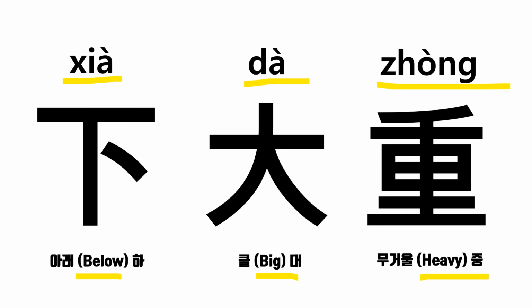Below the character here, you will learn all of these characters later. But these characters have the tone number value 4: 下, 大, 重, meaning below, big, heavy.